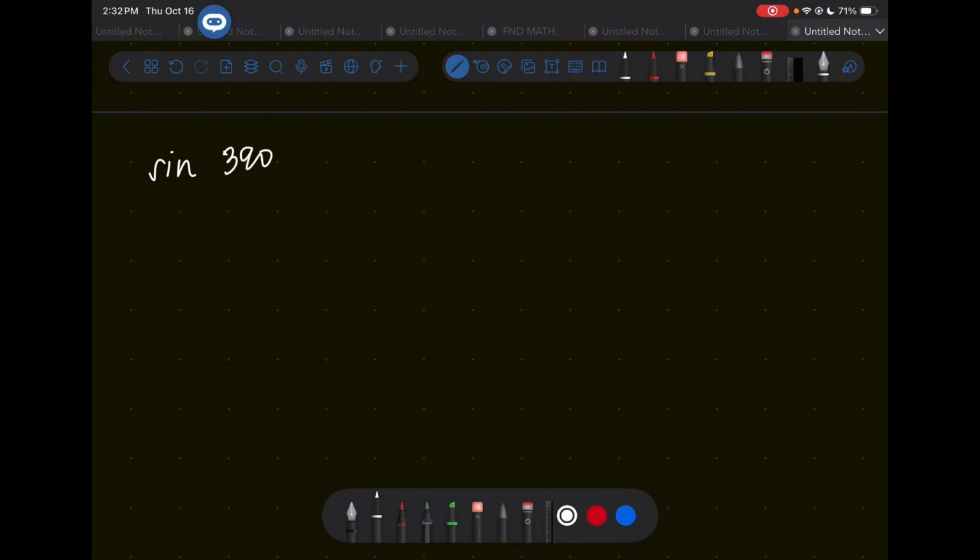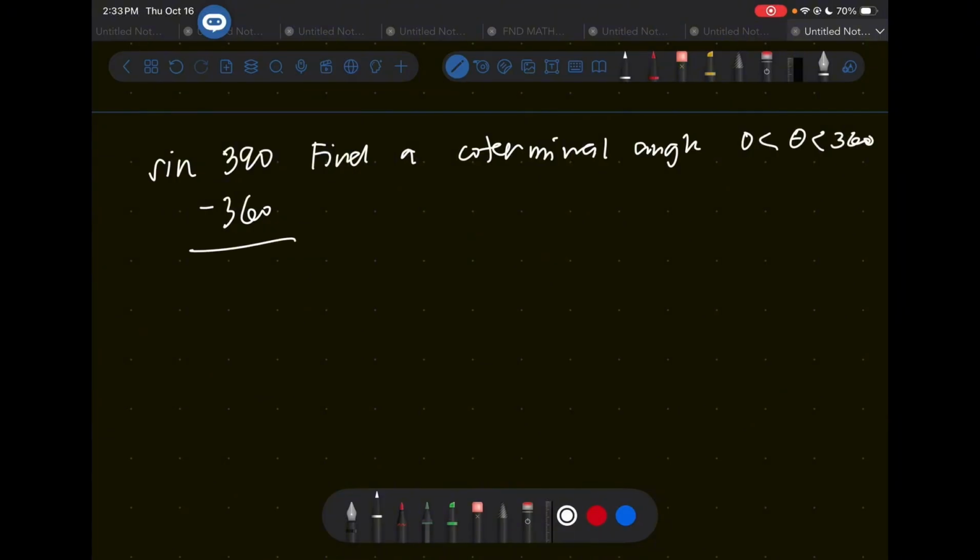So what you're going to look for first is a coterminal angle where theta is between 0 and 360. So how are you going to do that? Of course, we're just going to subtract 360, which will give us 30.